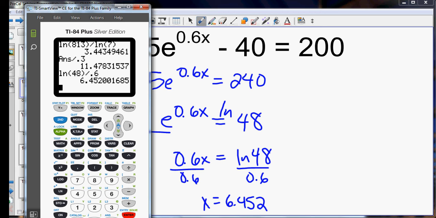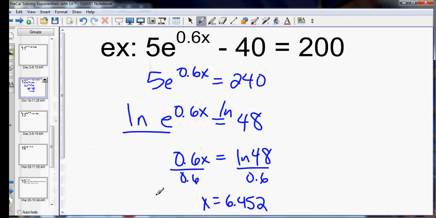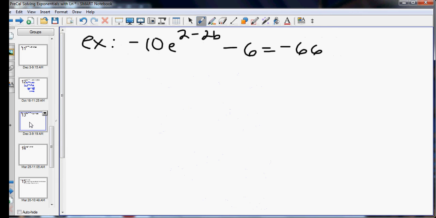Let's try one more. Negative 10e raised to the 2 minus 2b minus 6 equals negative 66. That's right, we add the 6 to both sides.